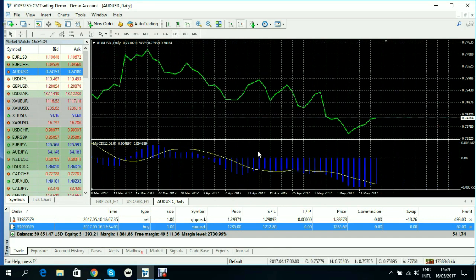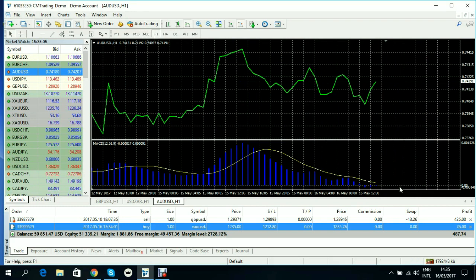It's important that the bars and the signal line must cross below the zero zone to confirm a sell signal. When this happens, you can enter the trade knowing that it is going to sell for long.